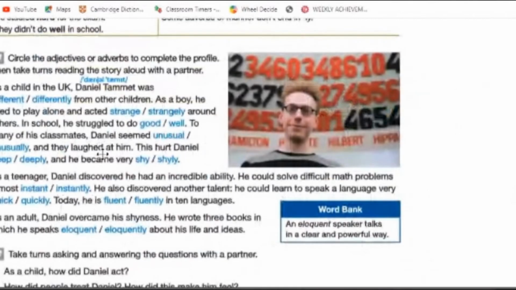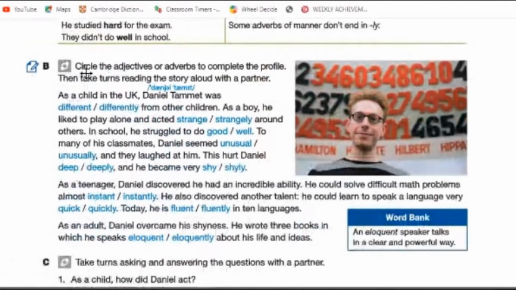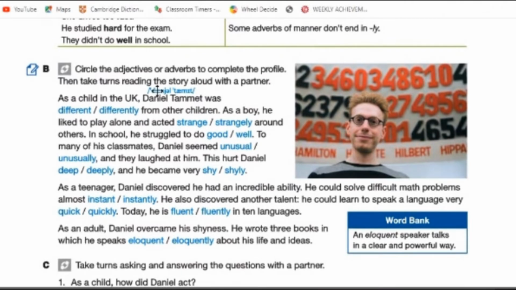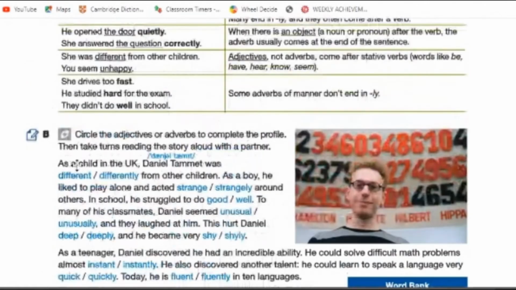Pay attention here. Circle the adjectives or adverbs to complete the profile. Then take turns reading the story aloud with a partner. For example, here you have adjectives and you have adverbs. Remember, when we have stative verbs, you have to use the adjective. When you have action verbs, you have to use the adverbs.